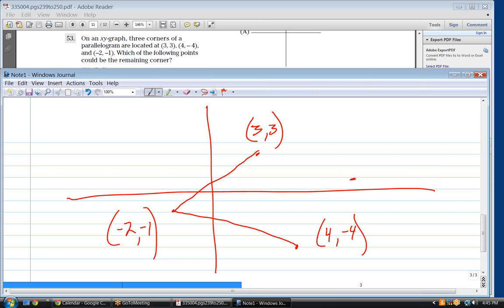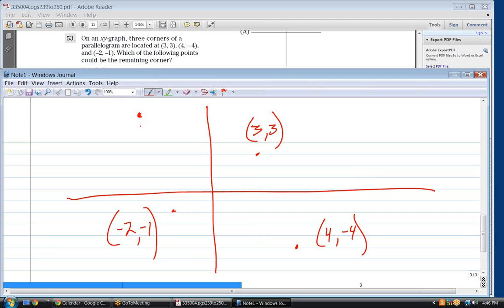The remaining corner? Yeah, I've connected these 3 points. We got a couple of possibilities, don't we? I didn't notice it at first. We actually have a few possibilities.